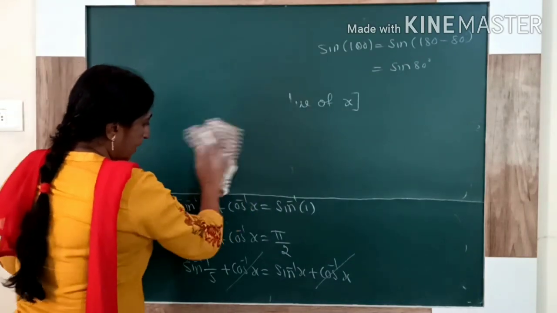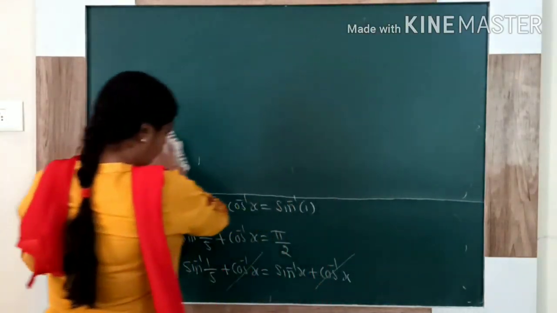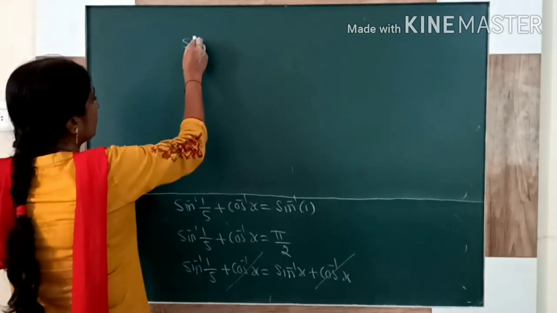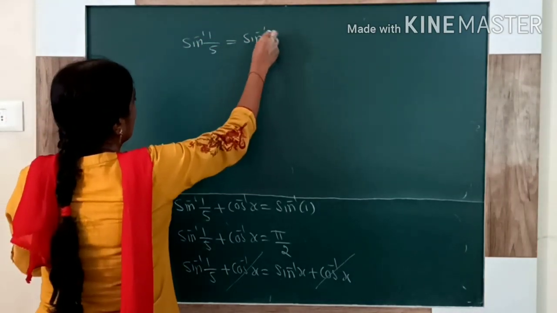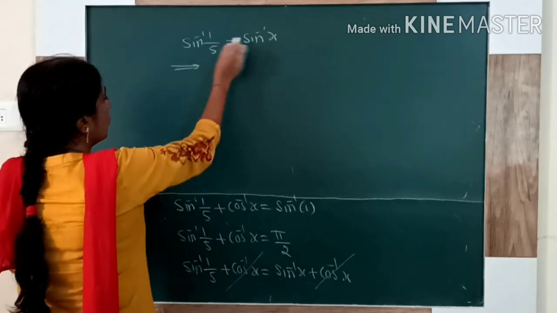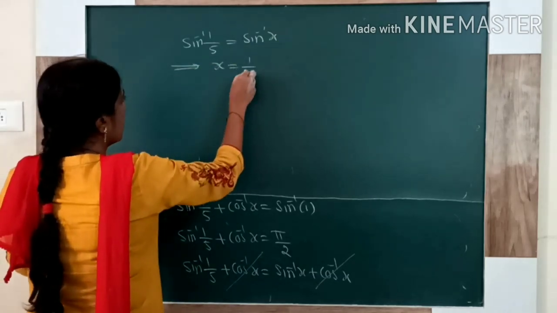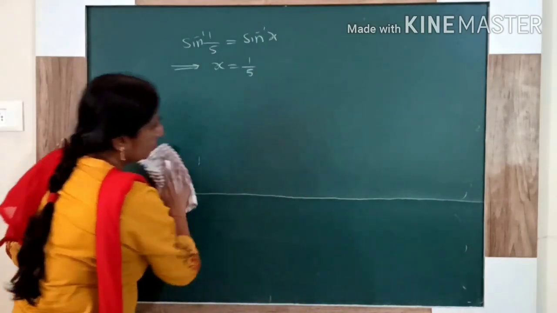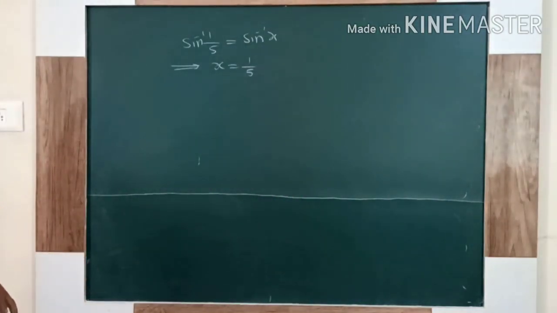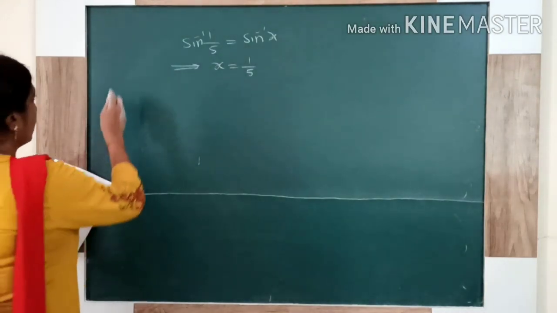So what is remaining? Sin inverse 1 by 5 is equal to sin inverse x. Then equate both sides, you will get x is 1 by 5. This is how we solve for x or find the value of x.